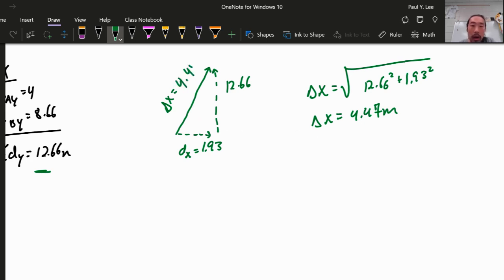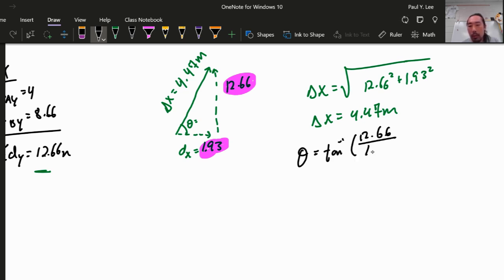But remember, this requires a direction. So this theta right here, once again, using SOHCAHTOA, I see that we have the opposite side that we found and the adjacent side that we found. So we can say the angle is the inverse tangent of 12.66 divided by 1.93.